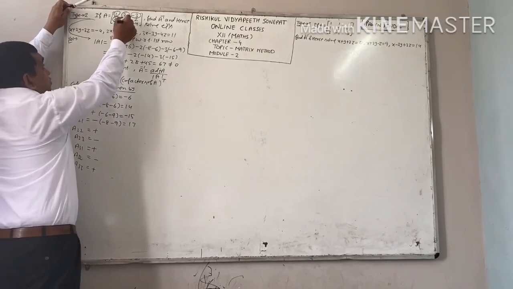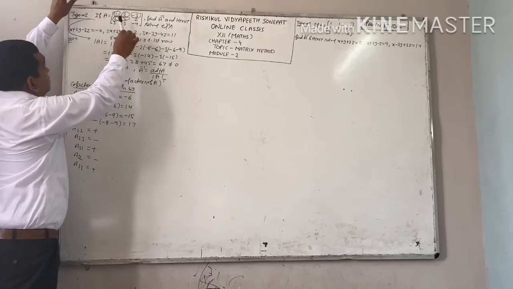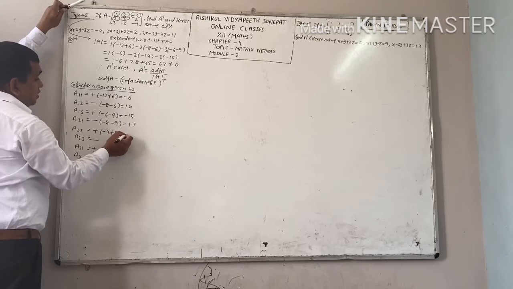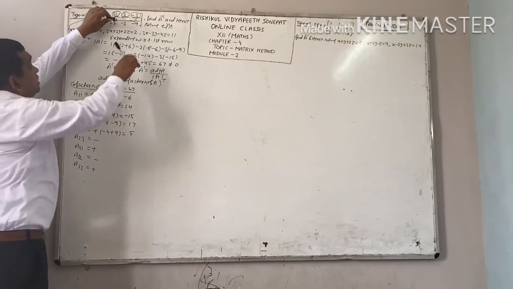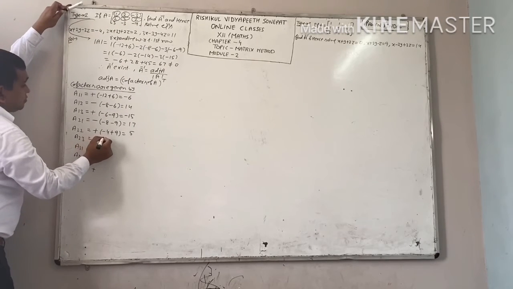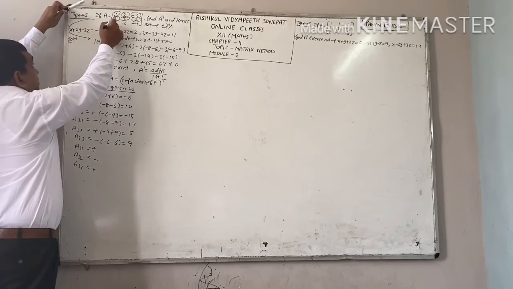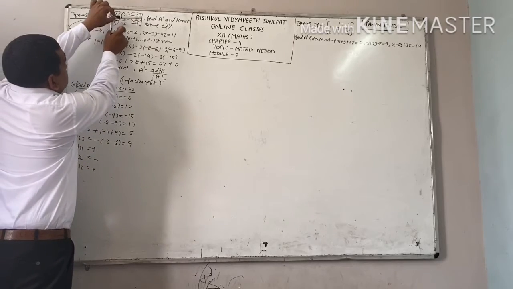Now A22, horizontal, vertical, this is your minus 4 and plus 9, 5. A23, horizontal, vertical, this is your minus 3, minus 6, this is your plus 9. Now for third row elements, A31, this is your horizontal, this is vertical.